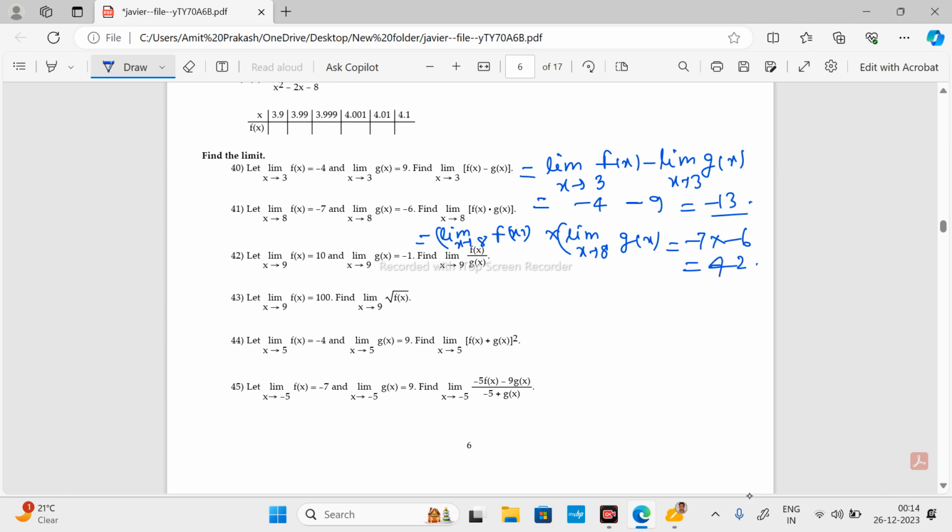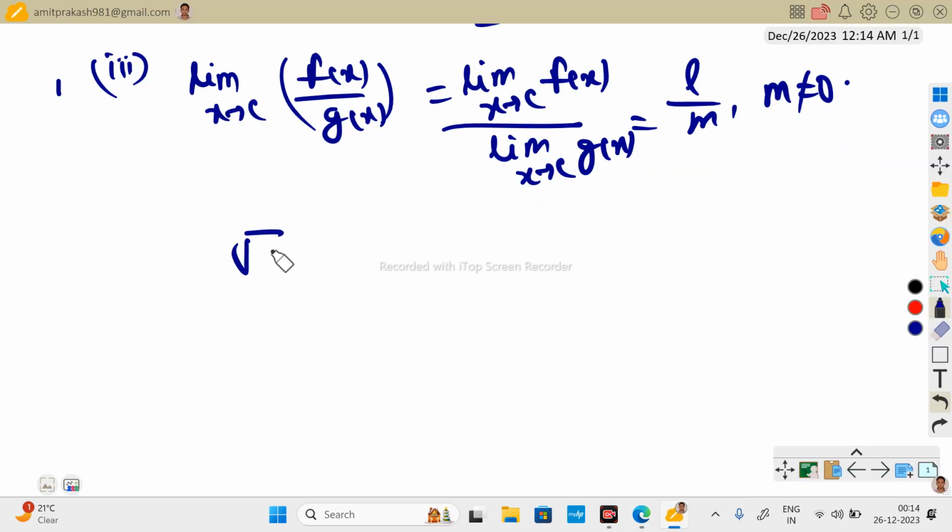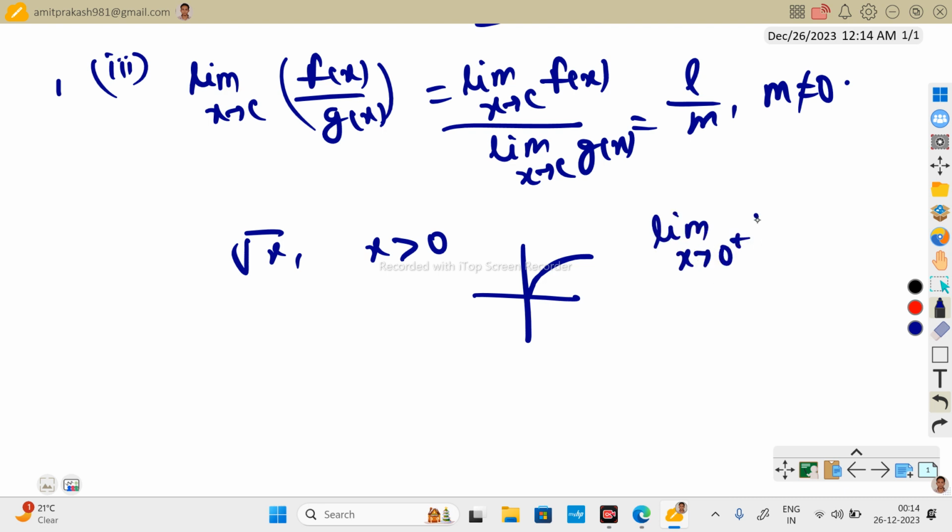So again, we are given that limit x tends to 9 f(x) equals 100. Since the square root of x for x greater than 0 is a continuous function, and the graph of this function is continuous, the limit x tends to 0 plus of square root of x exists.